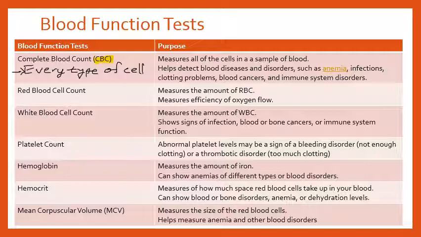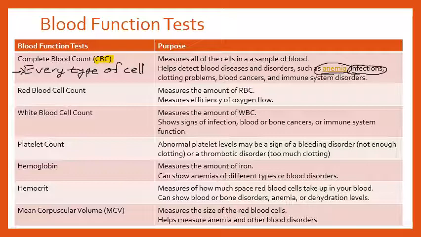By doing this, you can figure out, well, maybe there's a low amount of red blood cells. That might mean there's not enough iron, or maybe they're not shipping oxygen as well as they could. So that would be anemia. Maybe there are bacteria living inside the blood, and the blood is infected, and that's a huge, super dangerous problem to have.